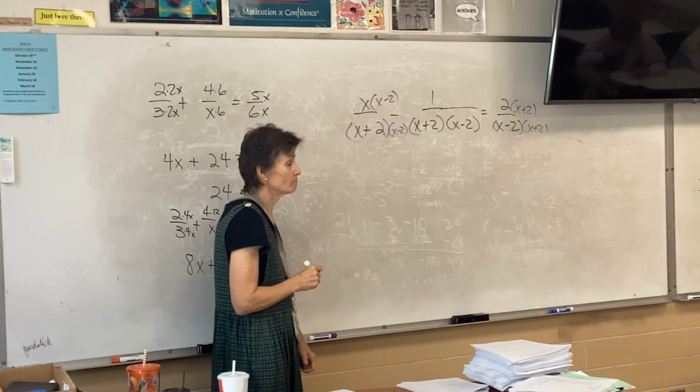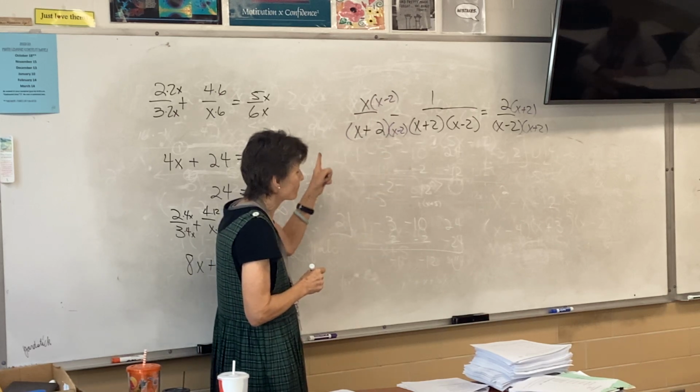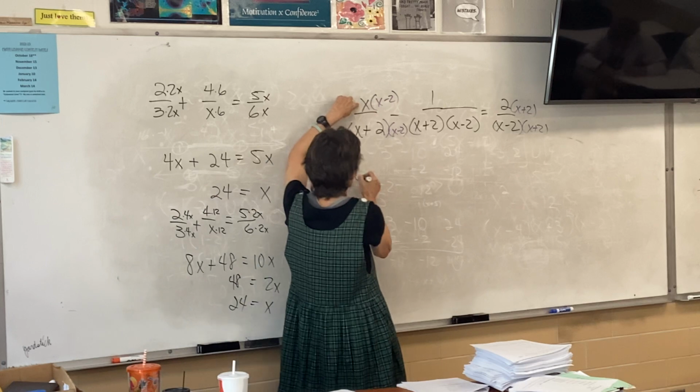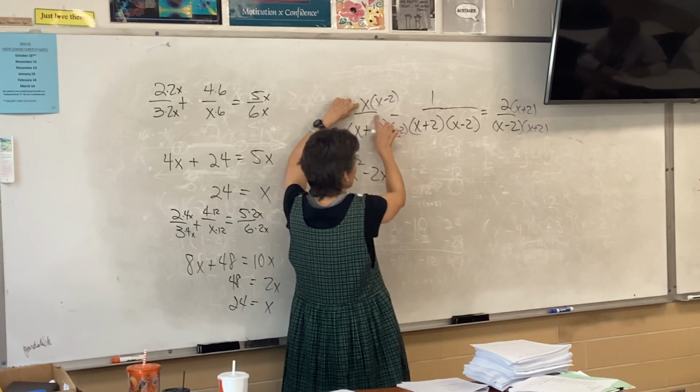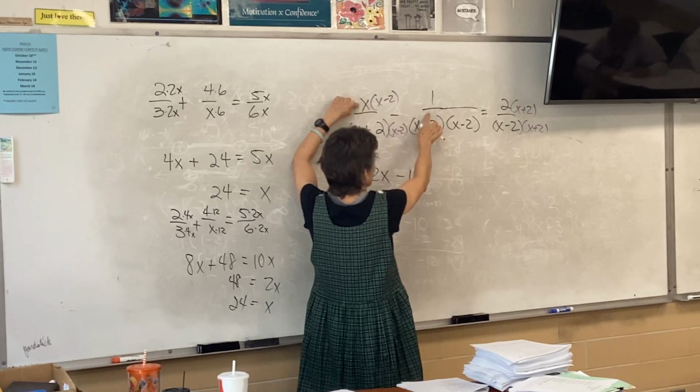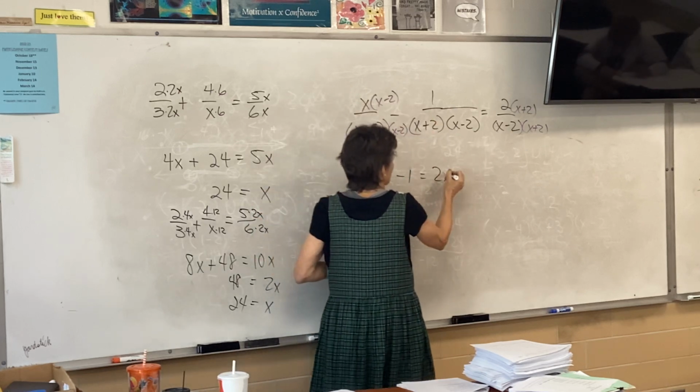Everybody on board? Now they all match. So x squared minus 2x, distribute here, minus 1 equals 2x plus 4.